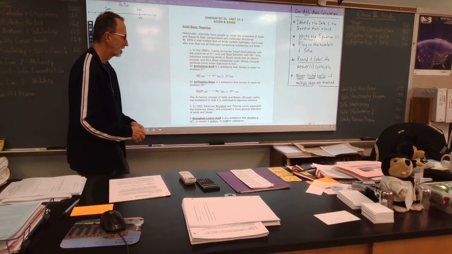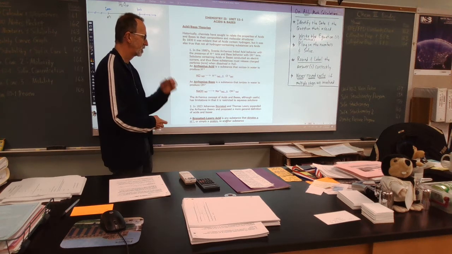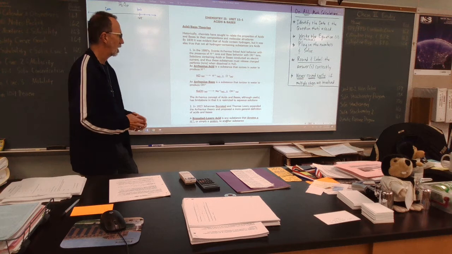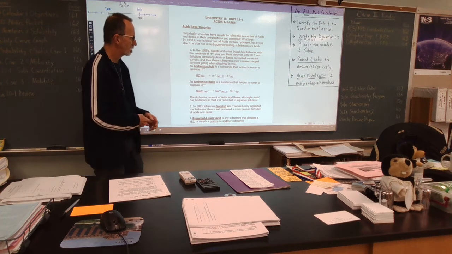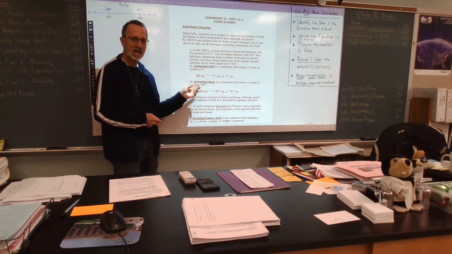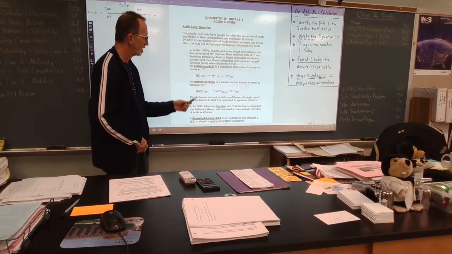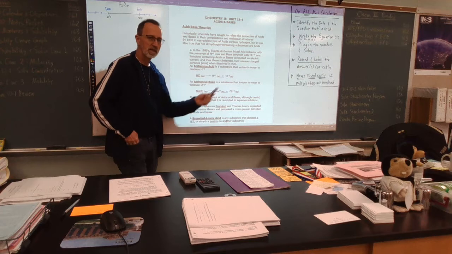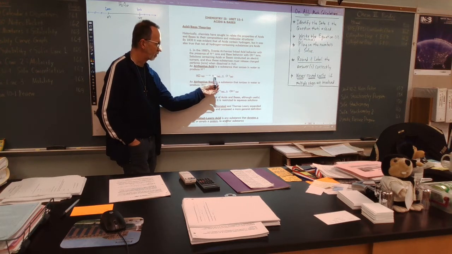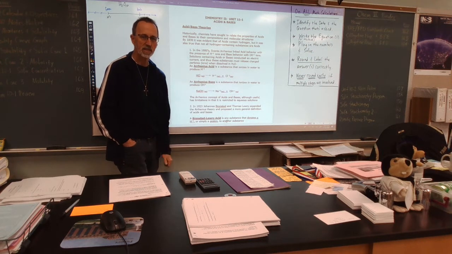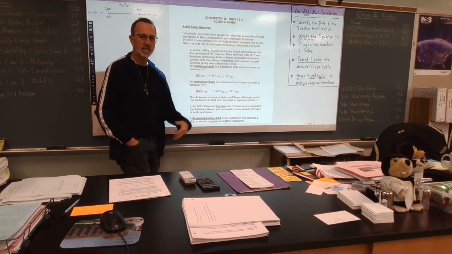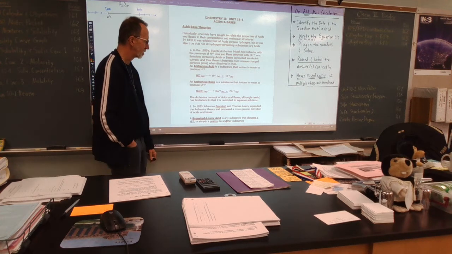An Arrhenius acid then is a substance that ionizes in water, or splits apart, to produce hydrogen ions. So when hydrogen chloride gas is dissolved in water and becomes an aqueous solution, it splits into hydrogen ions and chloride ions, and it's the release of hydrogen ions into the solution that makes that solution have its acidic properties.